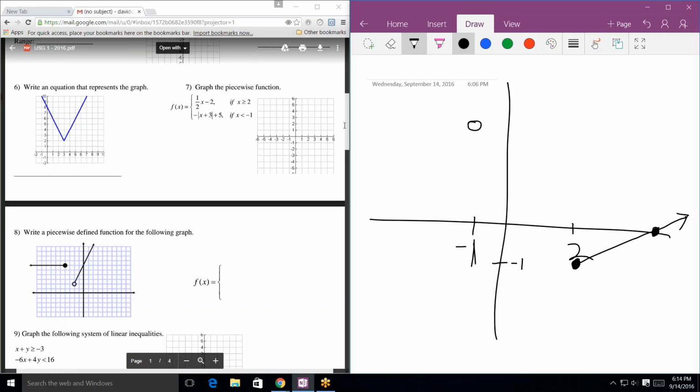Now, we have to find how to graph the rest of it. We know that's where it starts. And we know that we're looking at the absolute value function.